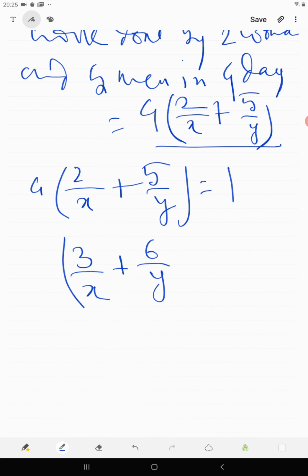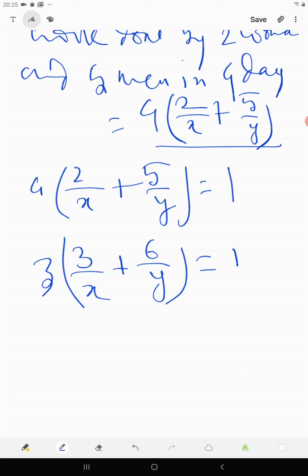Same way, in 1 day both together will do 3 by x plus 6 by y. Now how many days total are they taking? 3. So multiply the whole with 3. This will be 1.